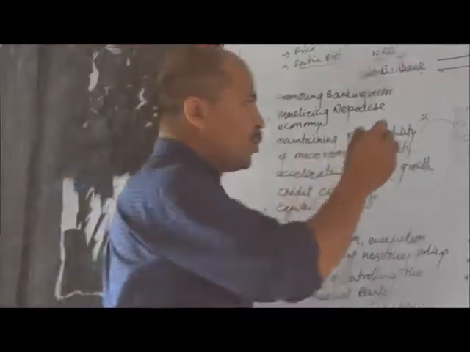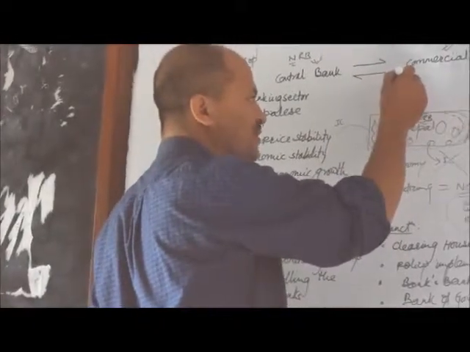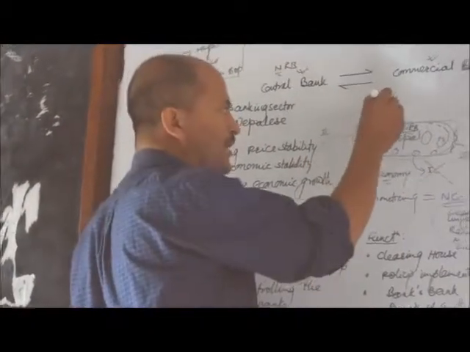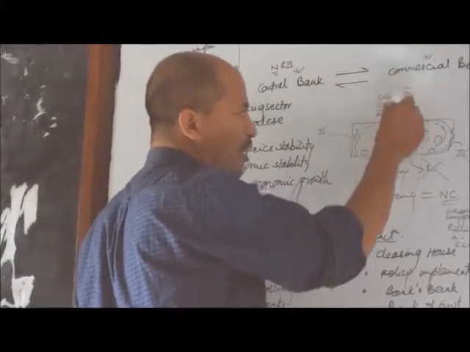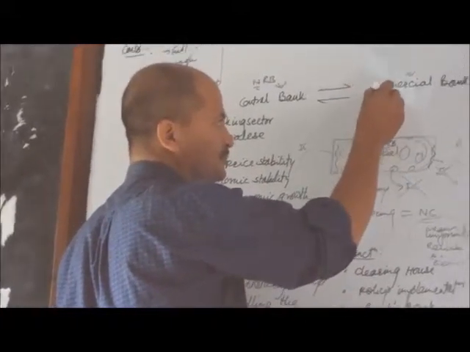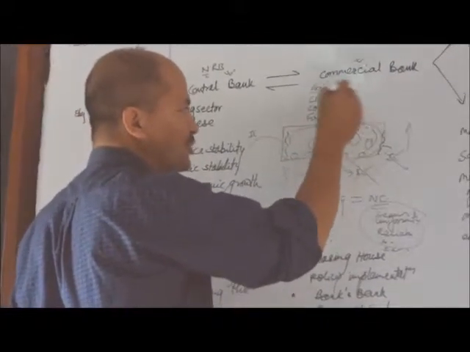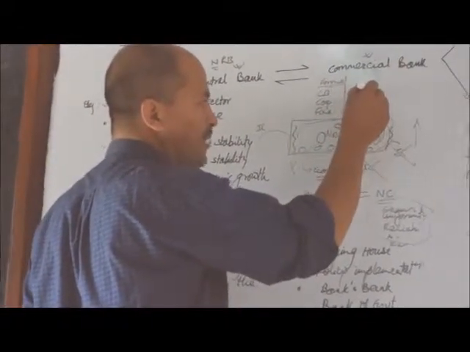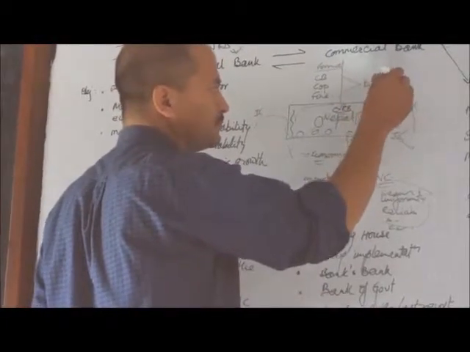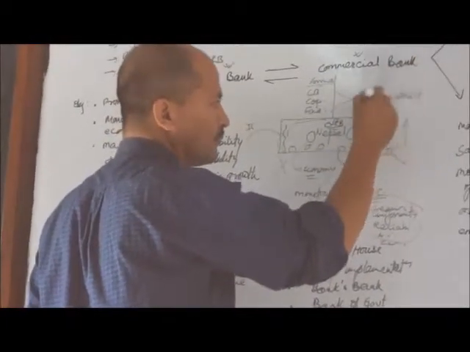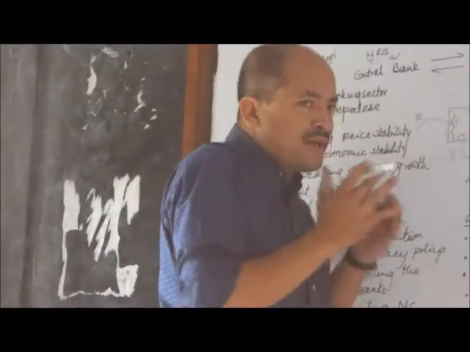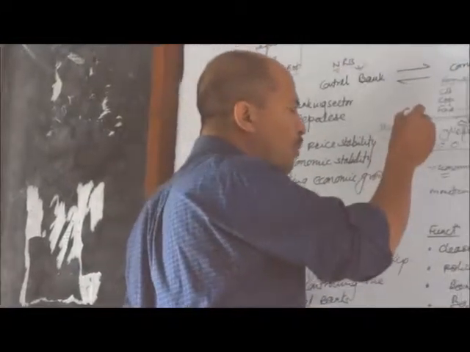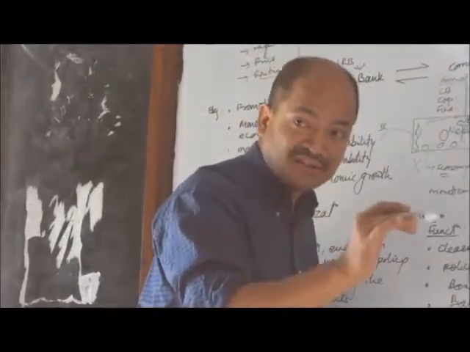The second part is we have different institutions: commercial banks, cooperatives, financial institutions, and other formal institutions. And all these institutions provide banking service. First of all, the Nepal central bank's major responsibility all over the country is to provide banking service.